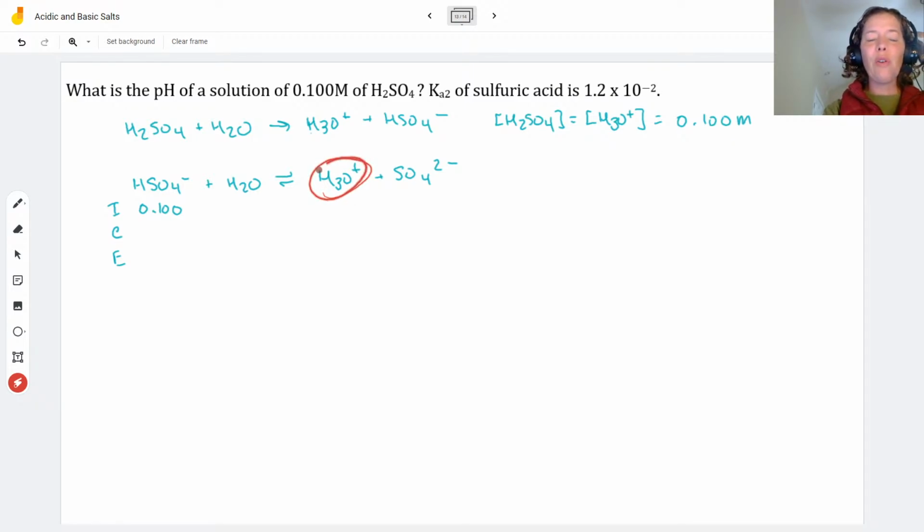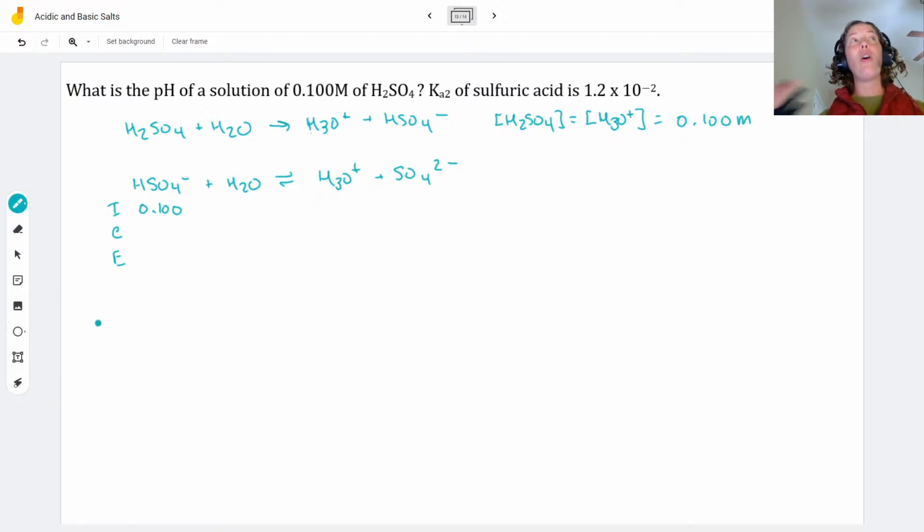So the value for how much we're starting with hydronium initially is not 0, and we're used to always seeing the products be 0. But in this case, our concentration of hydronium at the start is also 0.1. Now our sulfate is 0. That's normal. So just be aware, again, when you're doing these polyprotic acids, that whatever step came previous is going to contribute to your hydronium concentration there.